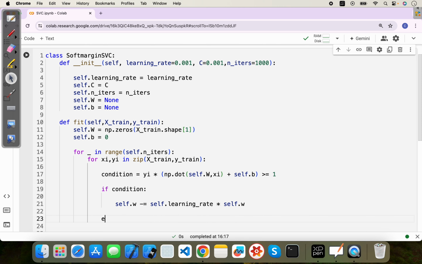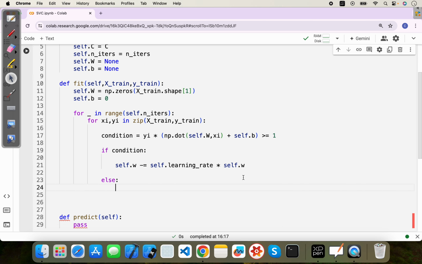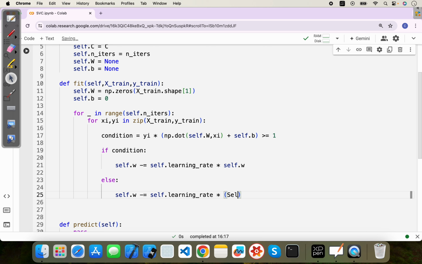Okay, if this condition is not true, then we need to update our weights. So self.w will be minus equal to self.learning_rate times self.c times self.w. Here it is a capital W, right? It's a typo there.